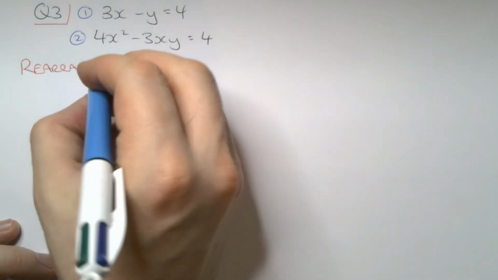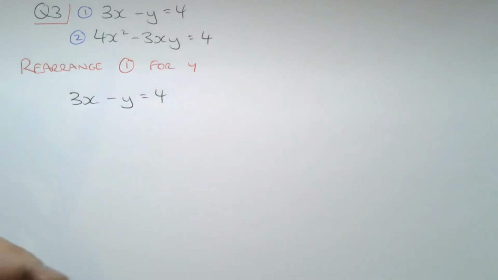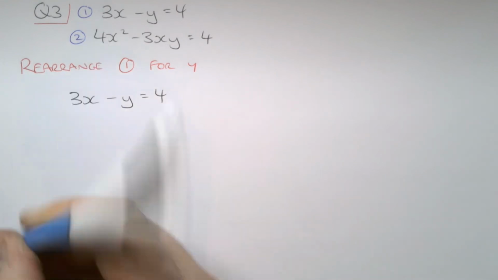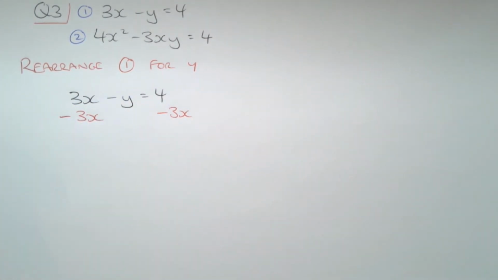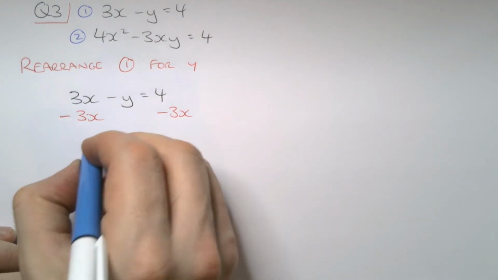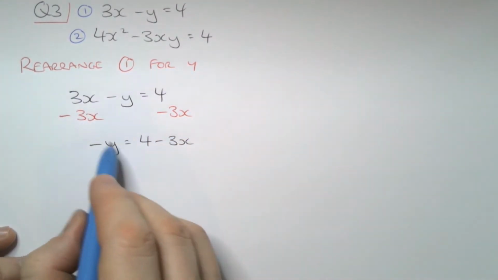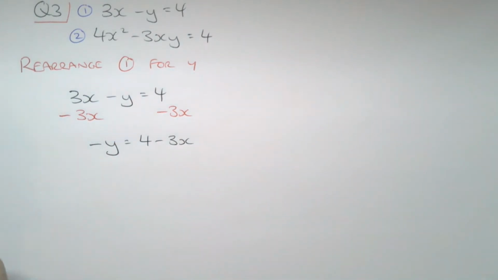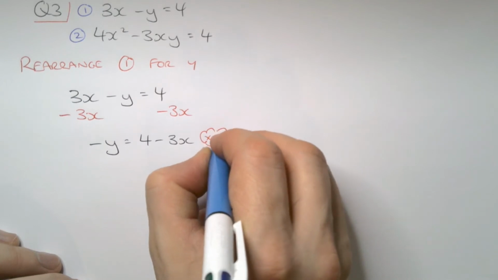So we have 3x minus y equals 4. I'm going to get rid of the x's on the left, so I'm going to take 3x, and if I do it on the left, I do it on the right. So I get, and just be careful with your signs here, minus y equals 4 minus 3x. Now, I don't want minus y, I want positive y. So what I'm going to do is multiply everything by minus 1.